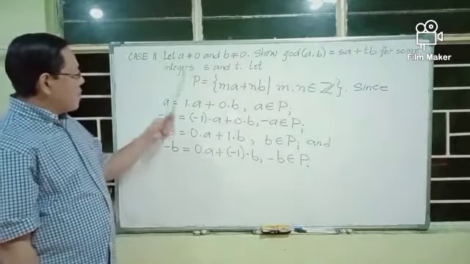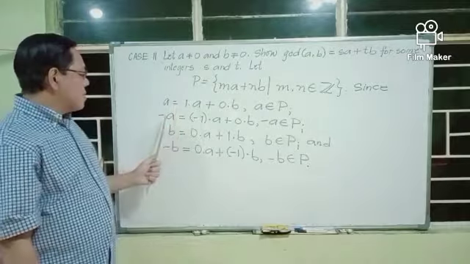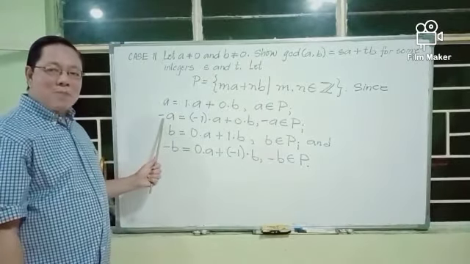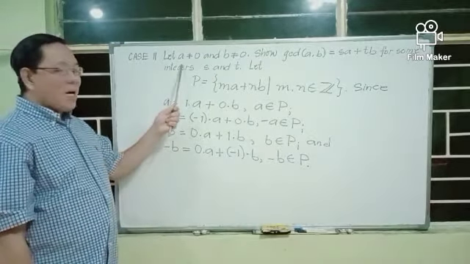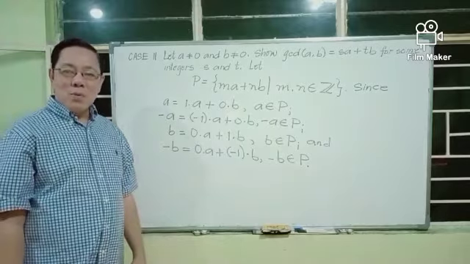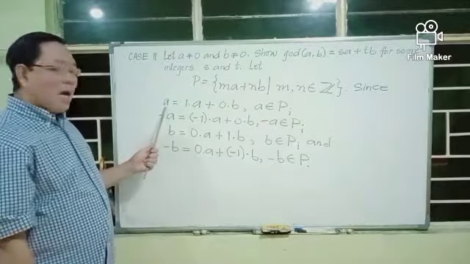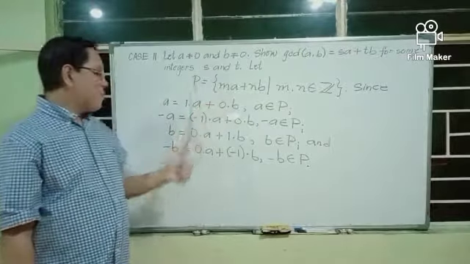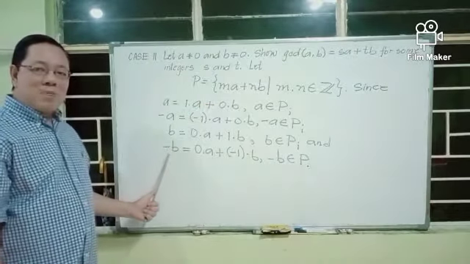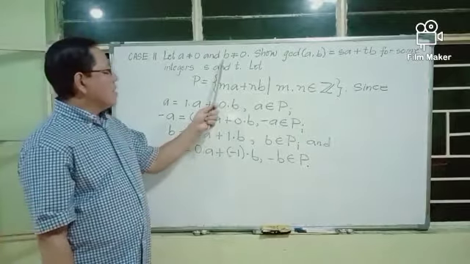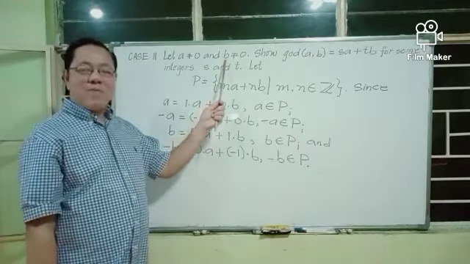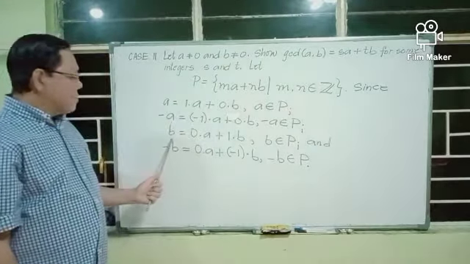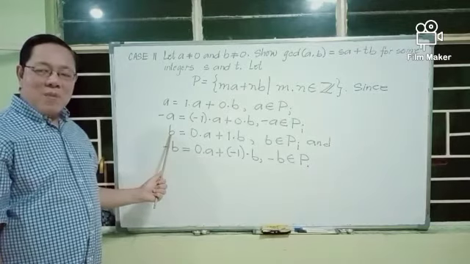For example, if a is negative 1, then minus a is positive. If a is 2, then a is positive. If b is negative 3, then minus b is positive. And if b is 5, then b equals 5 is positive.